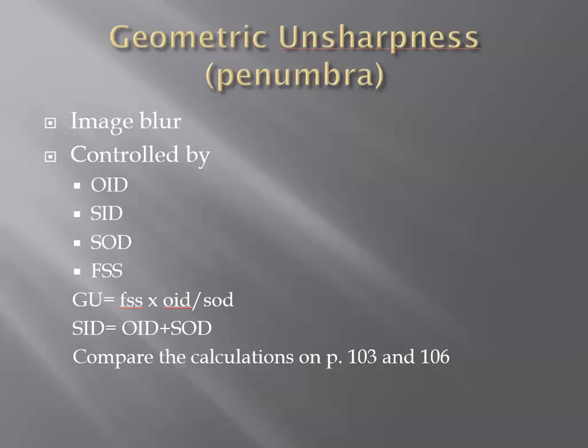So our geometric unsharpness is going to improve. Now, your textbook may say x is equal to 0.05, and that's inaccurate. Textbooks can be wrong too. That should be 0.5. So it went from a geometric unsharpness of 0.625 to a geometric unsharpness of 0.5.